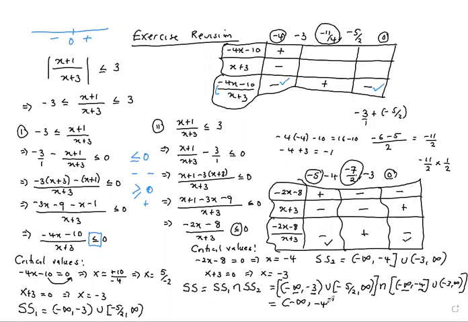It's included, so you include it. Union, between -5/2 and -3, you get the biggest. What is big here is -5/2. And then between infinity and infinity, it will just be infinity. This is our solution set.